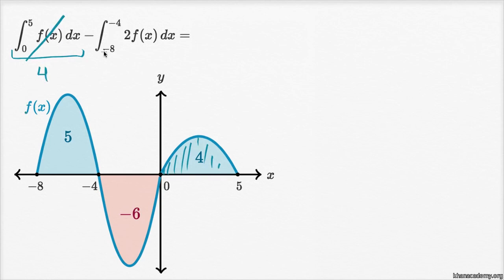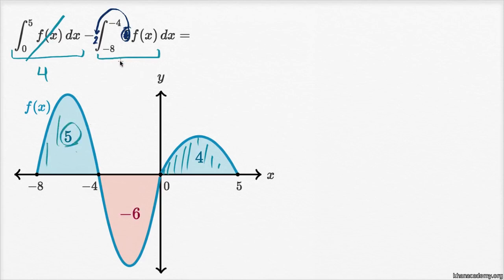We're going to subtract the integral from -8 to -4 of 2f of x. Well, let's just take this 2 outside. So if we take this 2 outside, then this just becomes the integral from -8 to -4 of f of x. And so this thing right over here evaluates to 5.